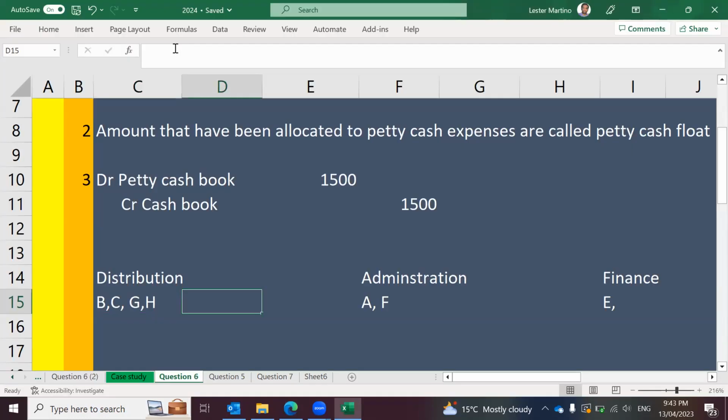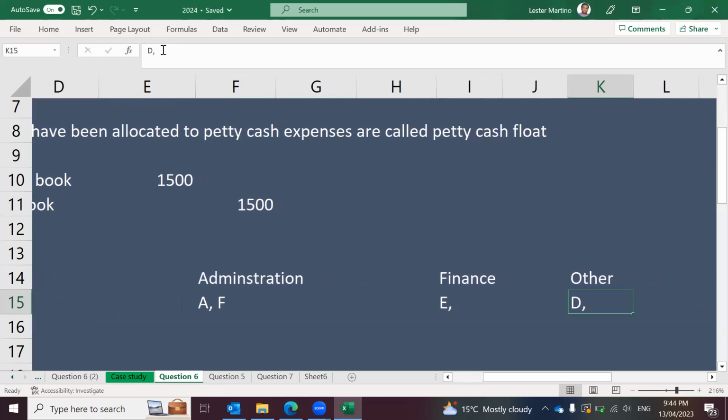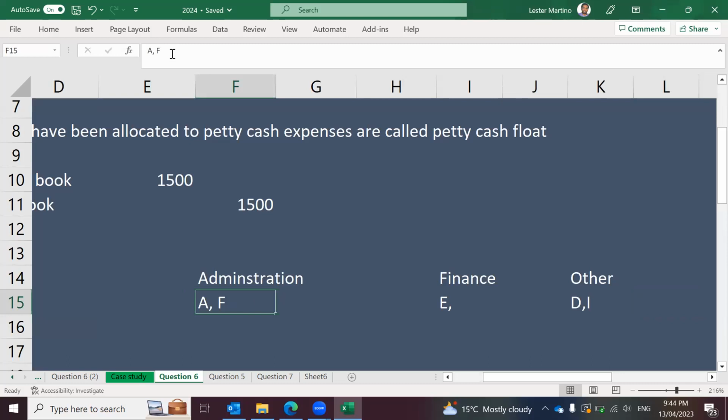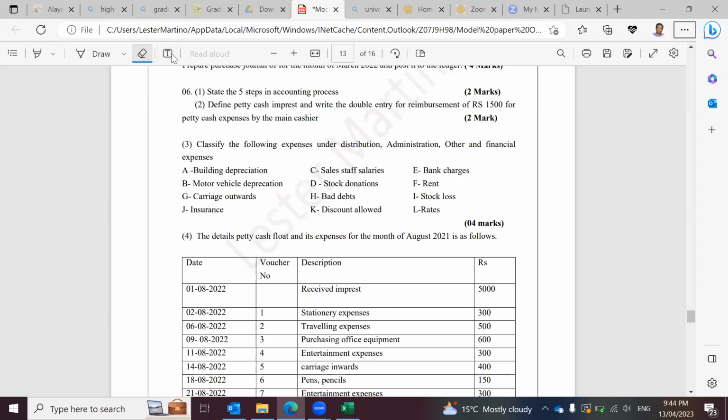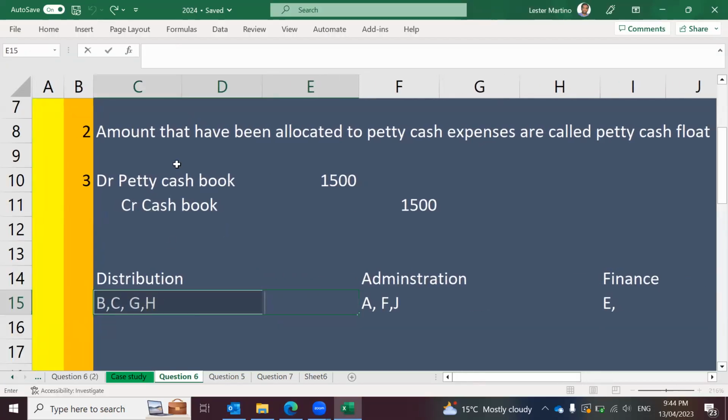I, stock loss, other. Insurance, J, admin. Discount allowed, distribution. Okay, last one, rates, L, administration.